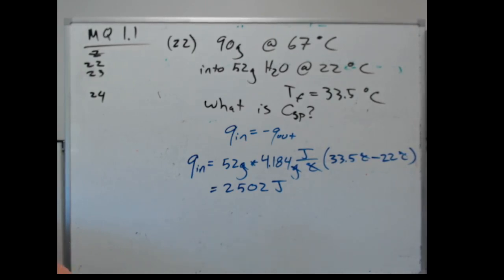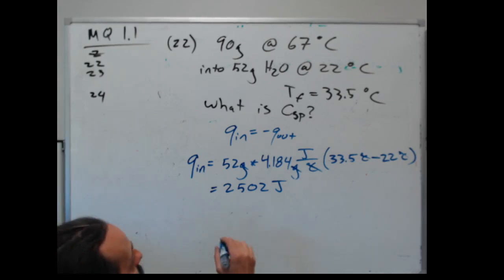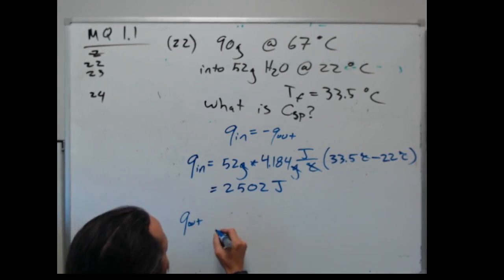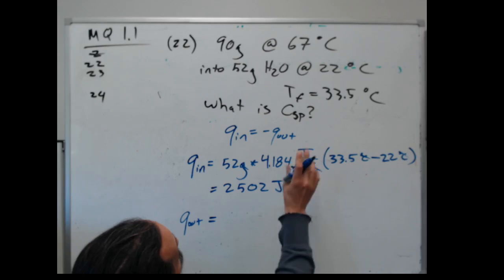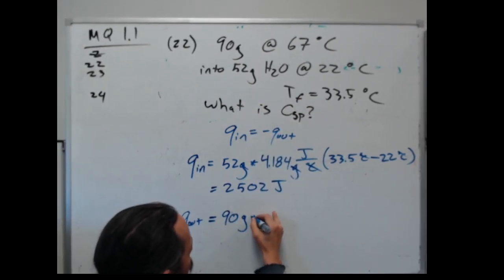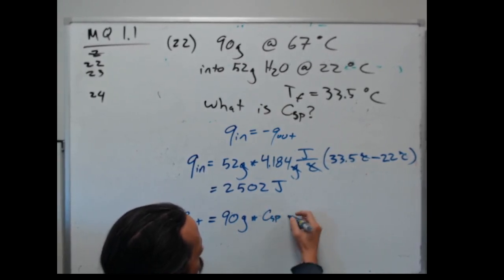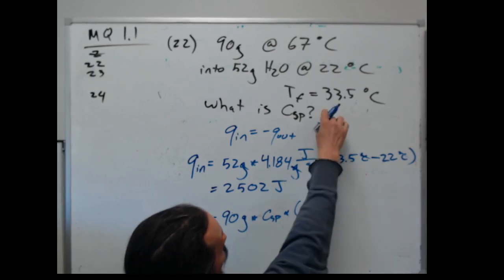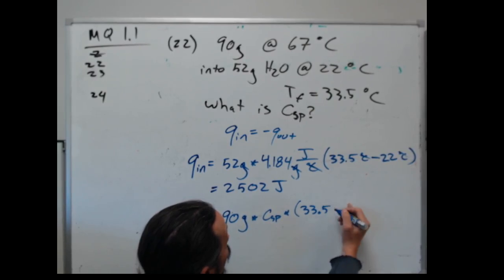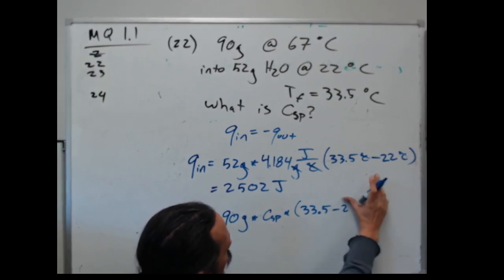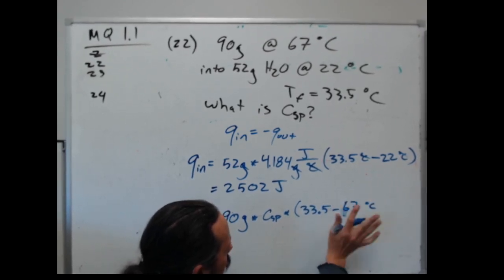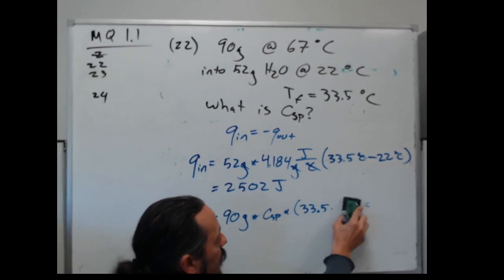And now we can say that's going to be equal and opposite to the energy coming out of the metal. So we can then do our Q out, which is going to be equal to the mass of metal, 90 grams, times our specific heat capacity, times our delta T, where again we've got the final and initial: 33.5 minus, oh, not 22, sorry, 67. Didn't give myself enough space.